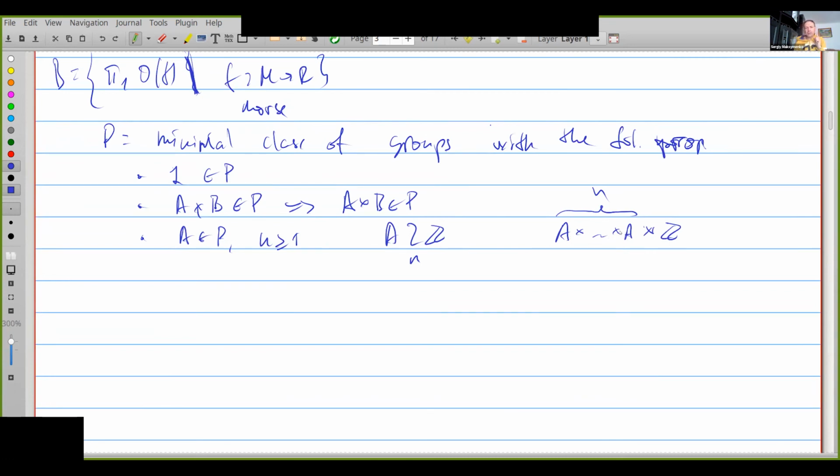So it is an essentially non-effective action. It is required that this group belongs to P. And this appears from the following picture.